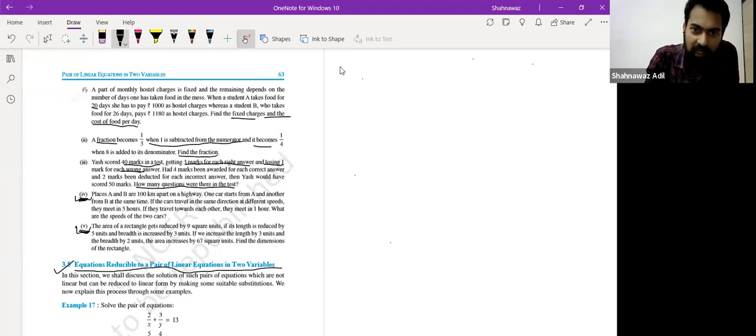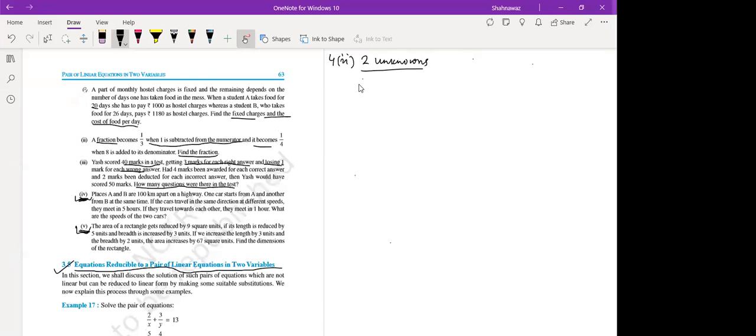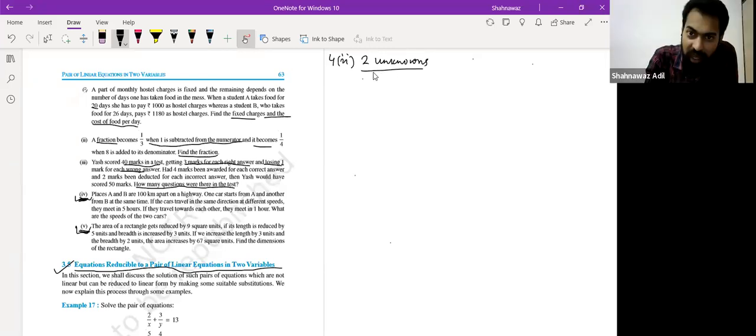Right, so Adil, what will be the two unknowns here? Whenever you have a fraction given, you have to find two unknowns, right? So a fraction has two parts, right? So what will be the two unknowns in fraction?